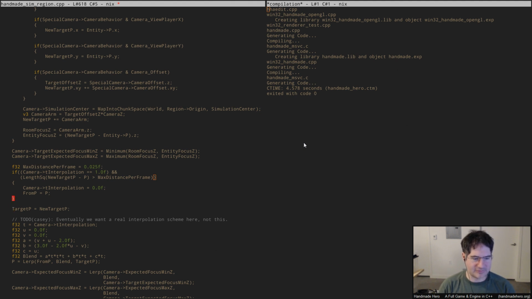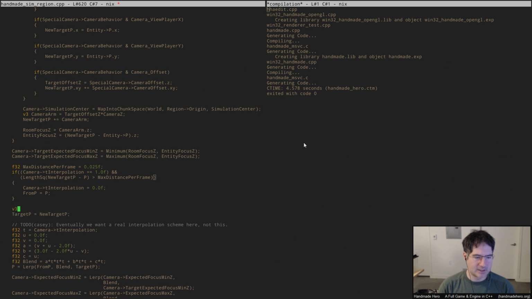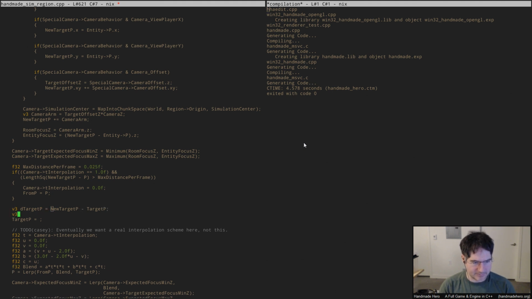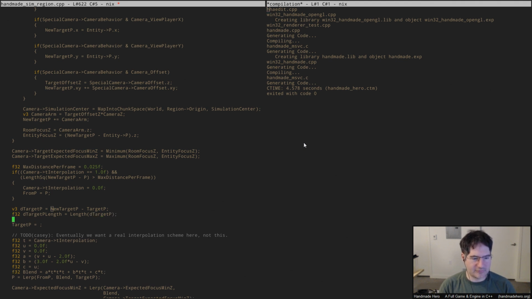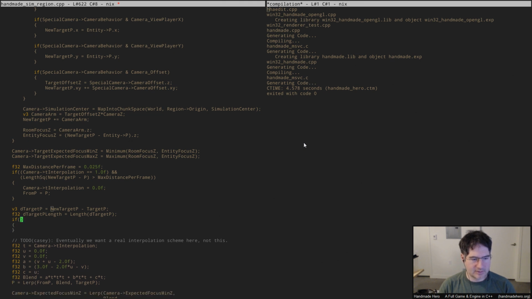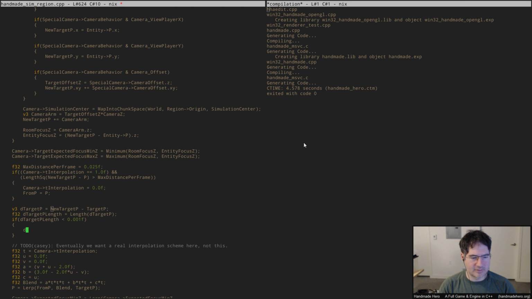So let me just verify that that's the case. If I was to move new target P smoothly, would this work fine? Meaning if I was to take this delta, get the length of it, and then say if that length is less than some epsilon value I don't care about, then just set it.